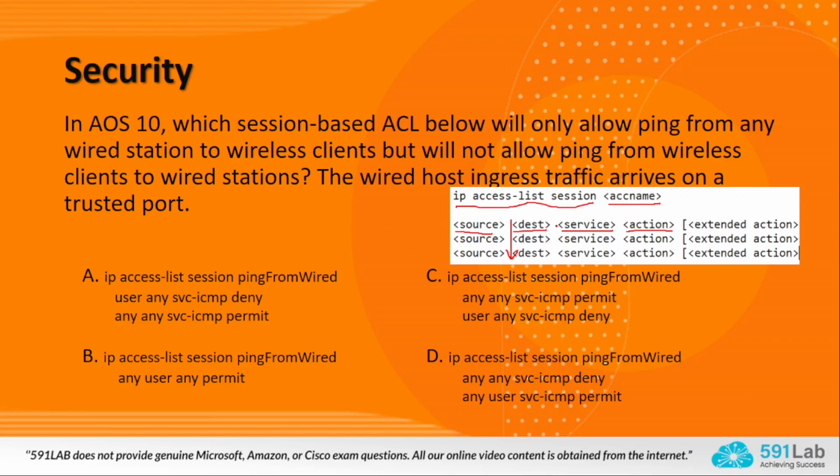Even wireless users can ping wired hosts. So it cannot fulfill the requirement given in the question. So it is not correct. Option D: the first rule denies ICMP traffic from any source to any destination. So it will not allow wired hosts to ping wireless users. So this is not correct. So the correct answer is option A.